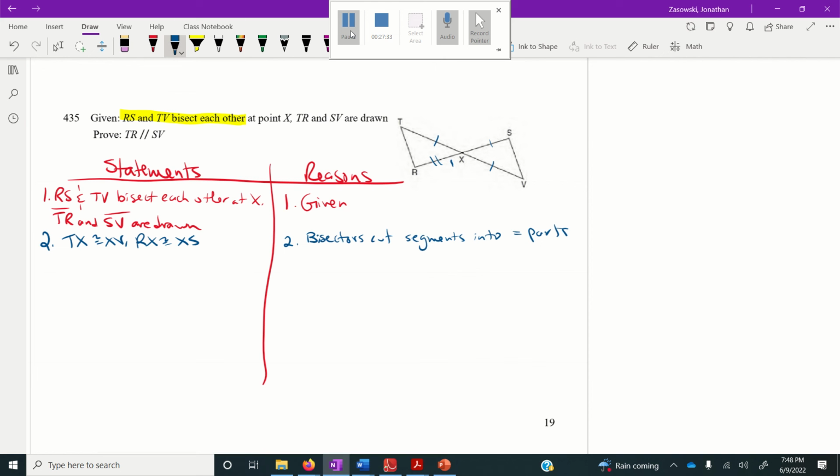So another easy way to get the triangles congruent is just to get our vertical angles equal, and that's going to be choice 3. So angle TXR is going to be equal to angle VXS, going in the same order, and that's because vertical angles are congruent.